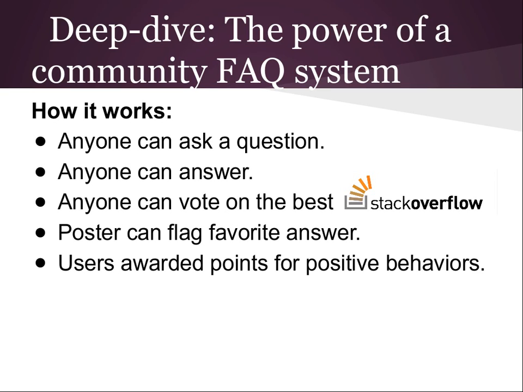I'll get into it in a little bit, but the premise is that anyone can ask a question, anyone can answer it, and anyone can vote on which answer they like the best. The original poster, the person who posted the question, can choose between those answers and say, this is my favorite answer. Doesn't mean it's right. This means from what I was looking for, this one is my favorite answer.